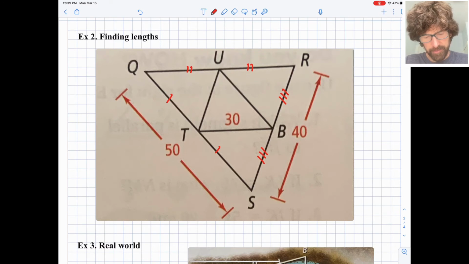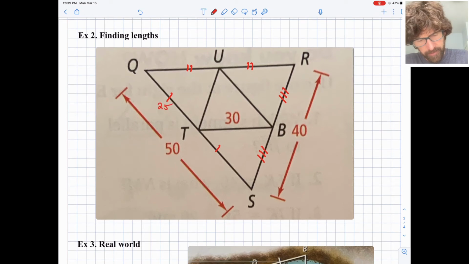We have U, T, and B are all midpoints of the corresponding sides of the triangle. So we can tell right away that this has to be 25 and 25, because T is a midpoint, so it splits that 50 into two 25s. Similarly, with the right-hand edge of the triangle, we have a couple 20s, being half of 40.